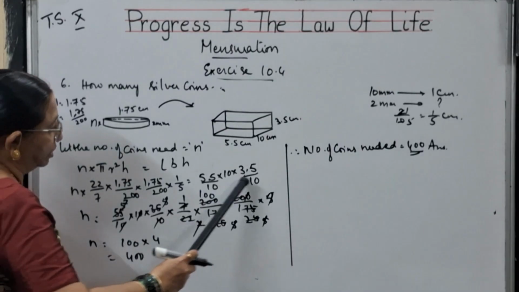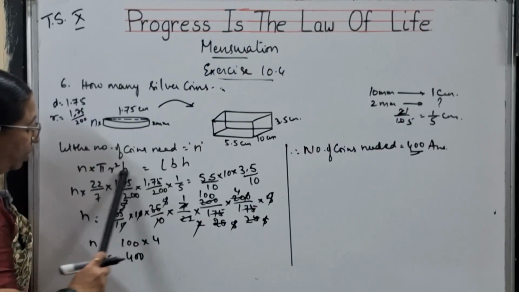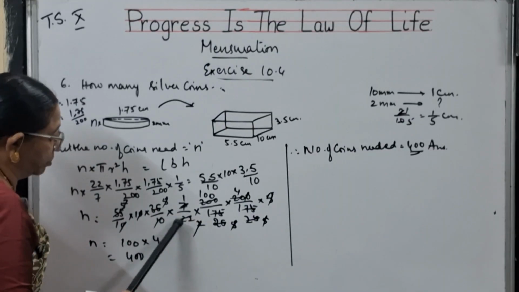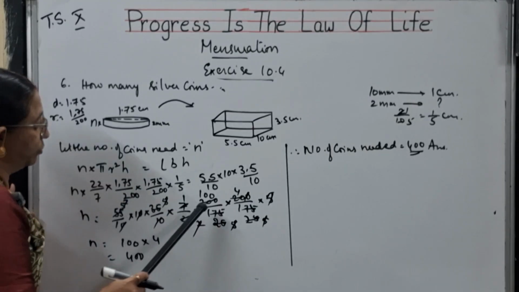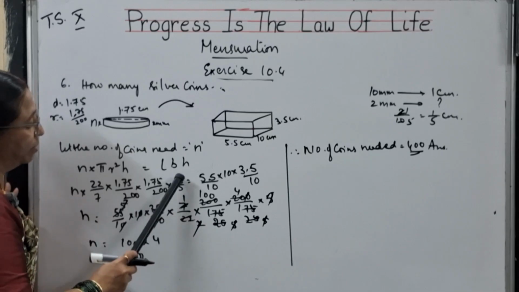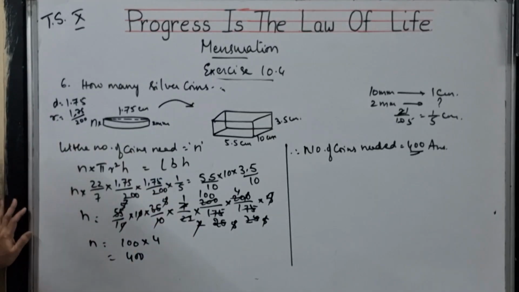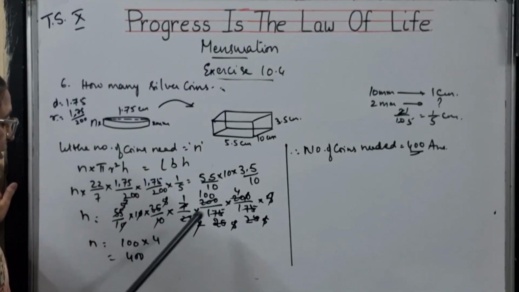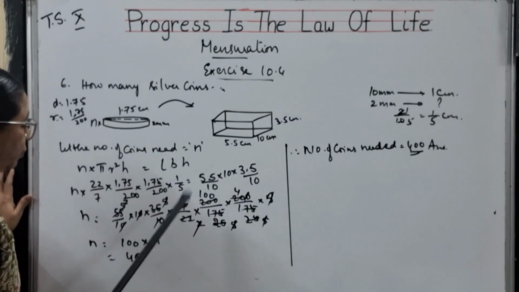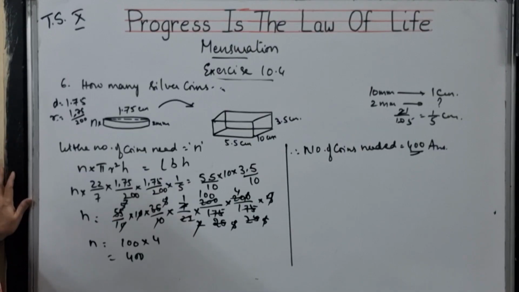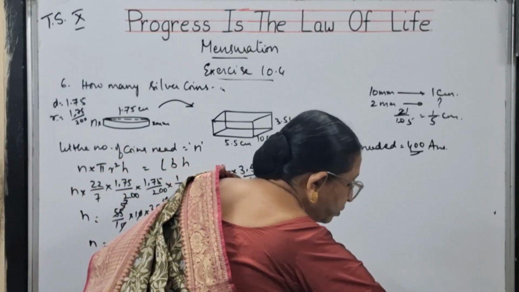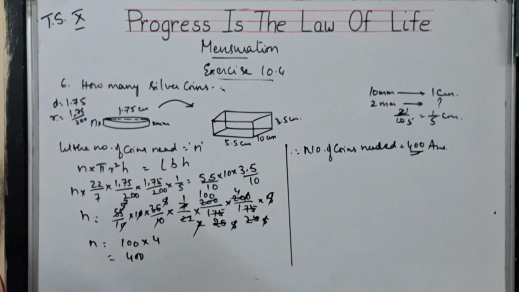When I take n as the subject, this I should write as it is, and all these when they go to the other side become reciprocals. 22 by 7 becomes 7 by 22, 175 by 200 becomes 200 by 175, and again this is also 200 by 175, 1 by 5 becomes 5. So I have calculated each and every number and got 100 here. See, 100 into 4, that is 400 coins are required. Totally, we need 400 coins to make a cuboid of that shape.